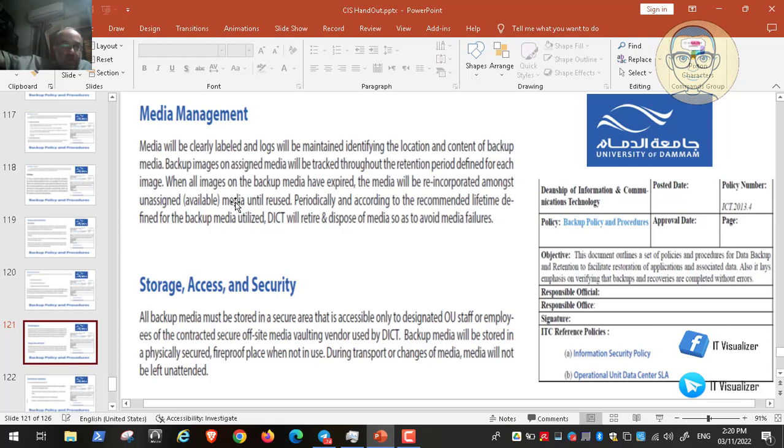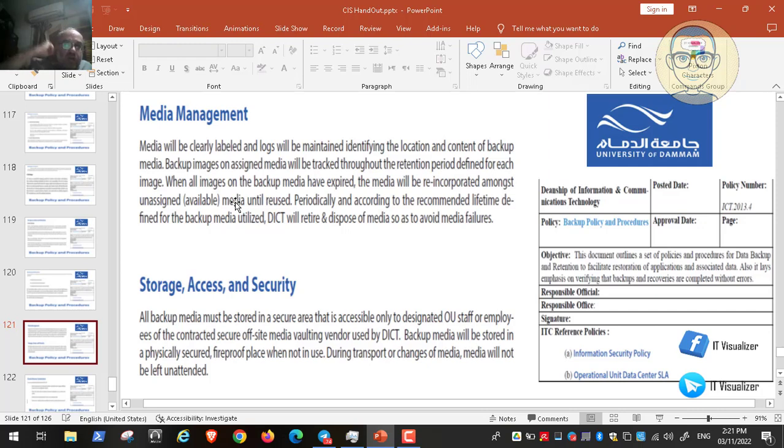For example, if the tape that contains the Monday backup has expired data or its retention period has ended, then I can remove the label from that tape so I can put a new label and reuse it.